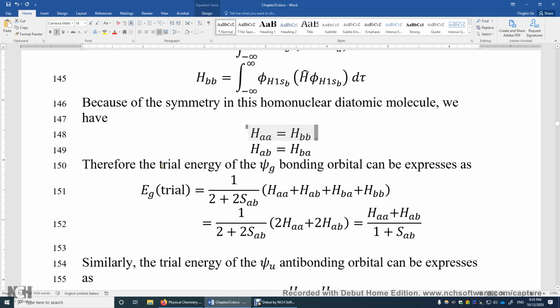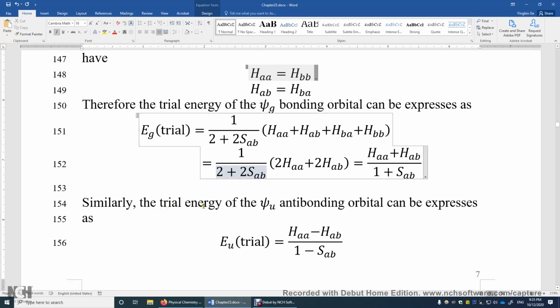So now we can express the trial energy of this psi g bonding orbital. So it's this. And again, HAA is equal to HBB. There's no difference between hydrogen A and hydrogen B. HAB is equal to HBA. So we got this formula, or this formula.